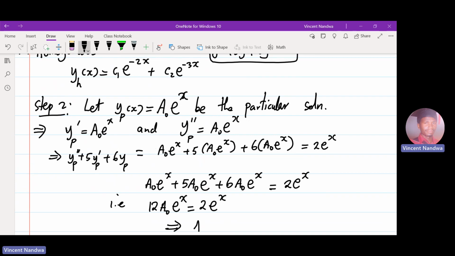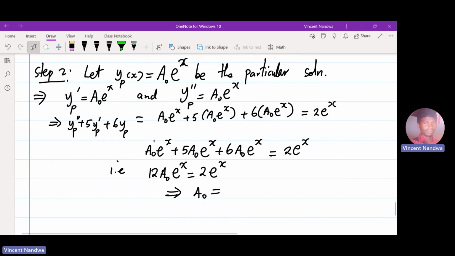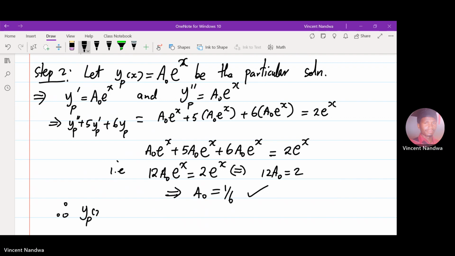So what is a naught? 1/6, because this means that 12 a naught must be equal to 2. So therefore, yp of x is 1/6 e raised power x.